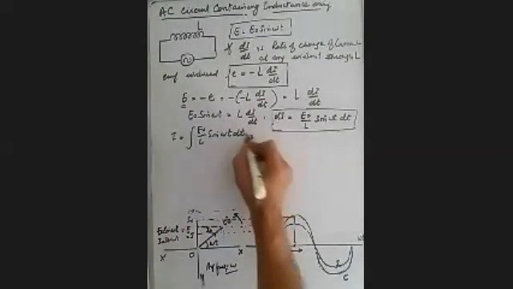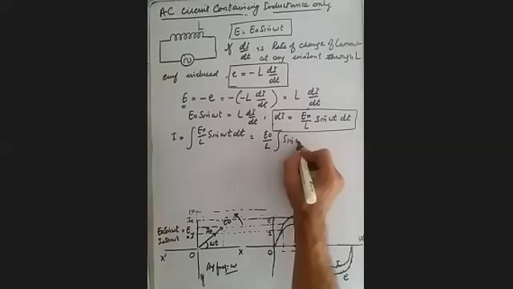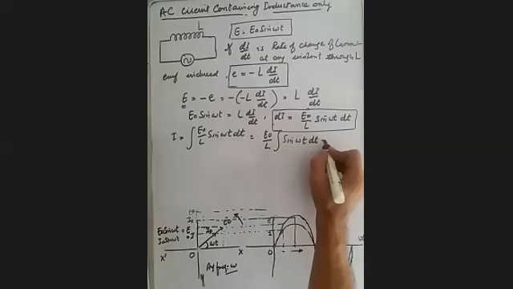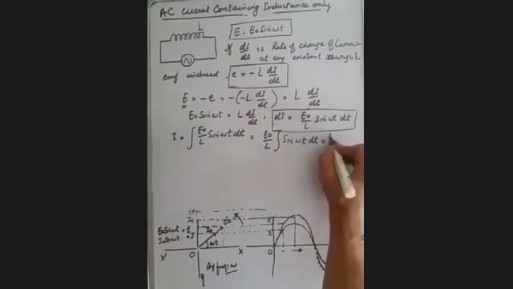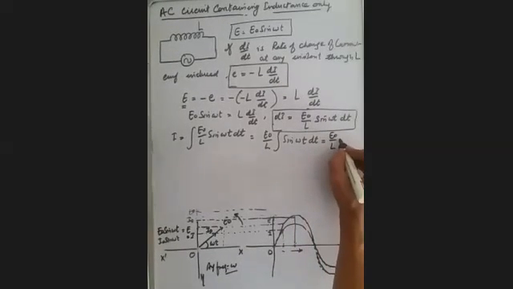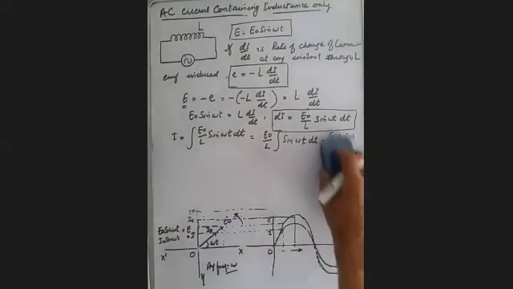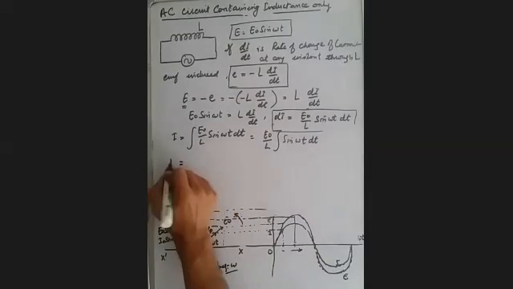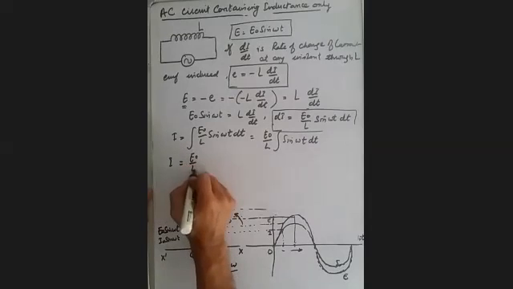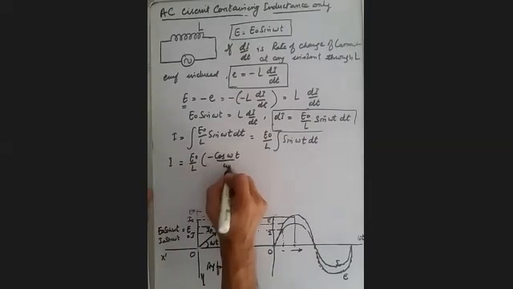So it will be equal to E naught upon L, which is constant, outside, sine omega t dt. Now what is the integral of sine omega t? It is minus cos omega t divided by omega. So I will be equal to E naught upon L times minus cos omega t divided by omega.